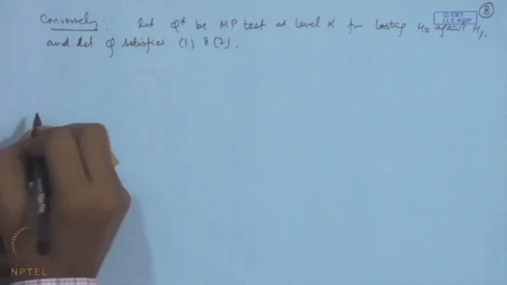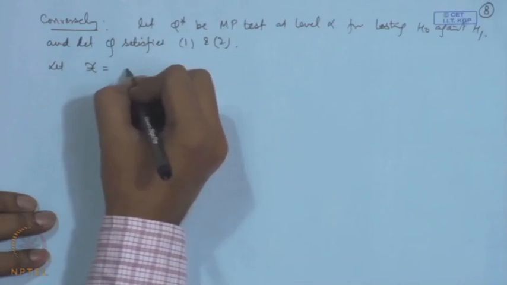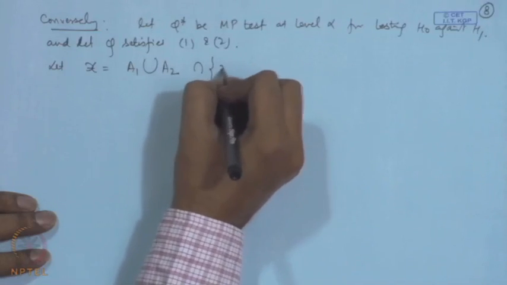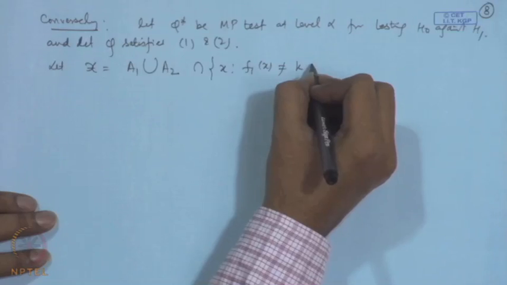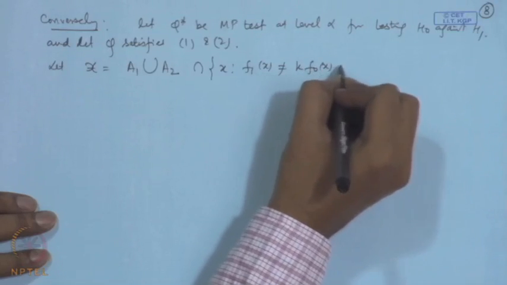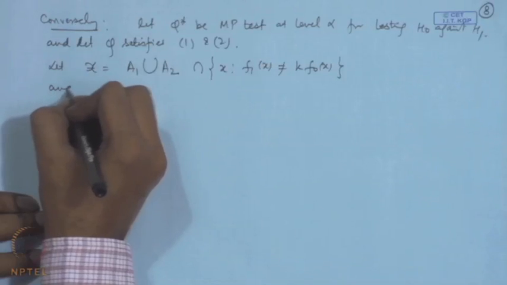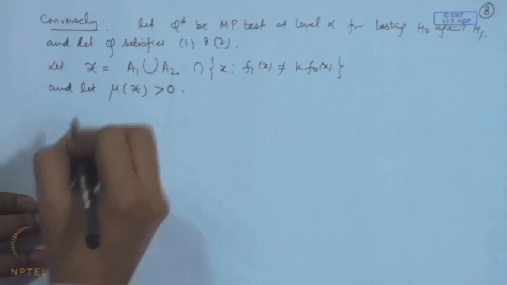Let us consider x as the (A 1 union A 2) intersection with the set of those values where f 1 is different from k times f naught, and also assume that the measure of this is positive.